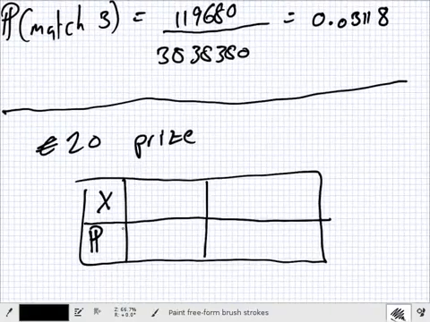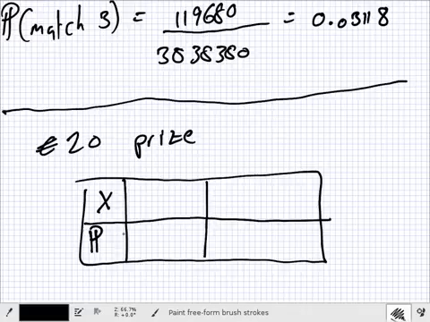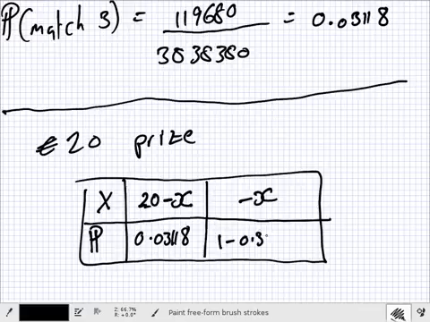Okay, let's have a look at this one. So there's two possibilities. Either you win 20 euros minus how much you paid for the ticket, or you just lose how much you paid for the ticket. Your probability here is 0.03118, and your probability here would be 1 minus 0.03118.